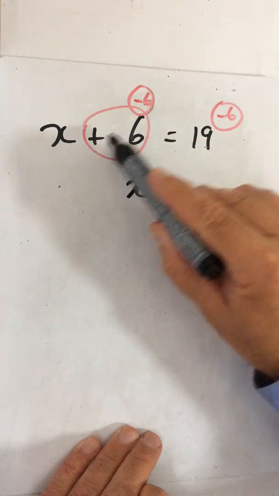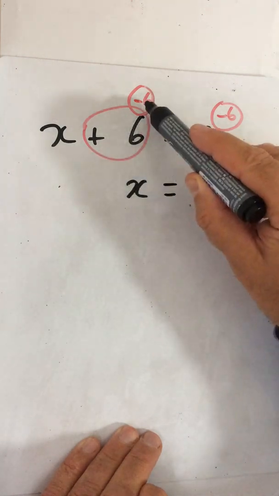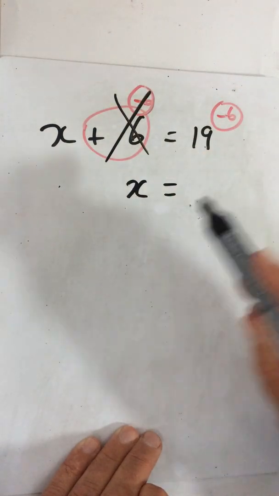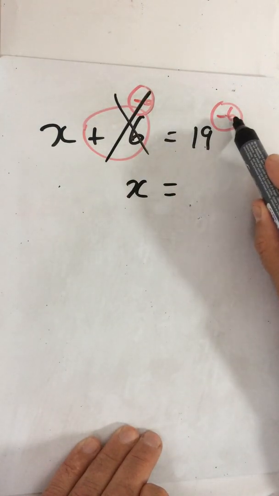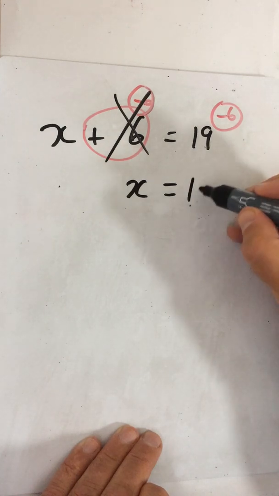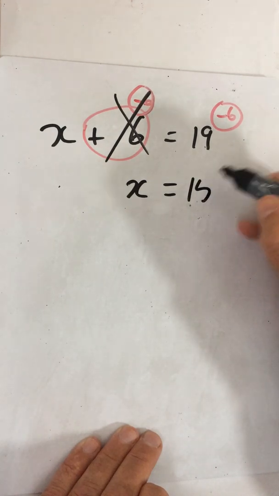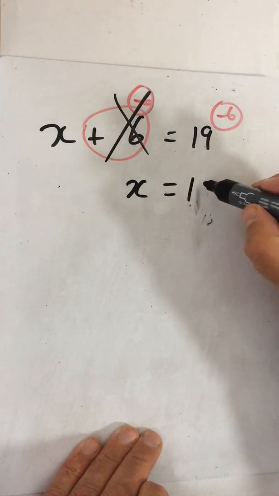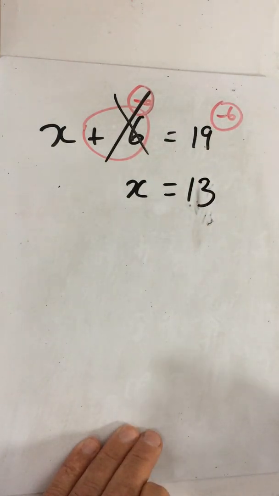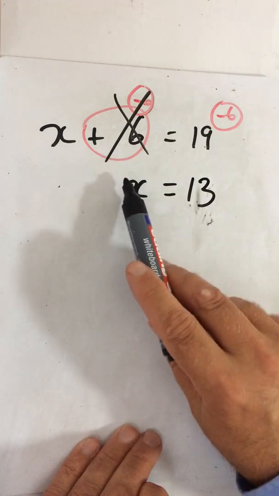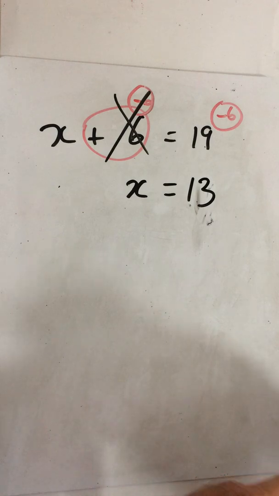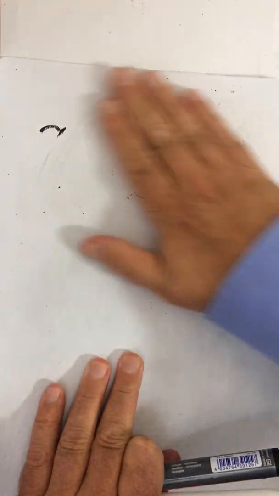By taking away 6 from 6, I've got rid of that, so I'm left with x. Then 19 take away 6 is, sorry, not 15. 19 take away 6 is 13. And let me just check: 13 plus 6 is 19. So this is the balance method. I'm just going to do a couple more, and then I'm going to leave you to have a go.